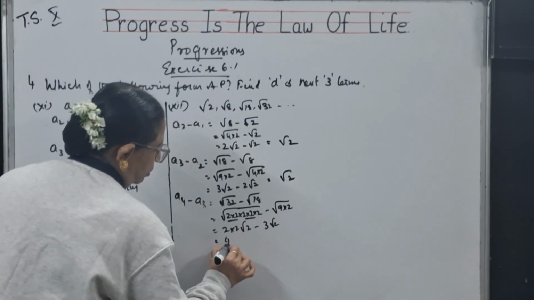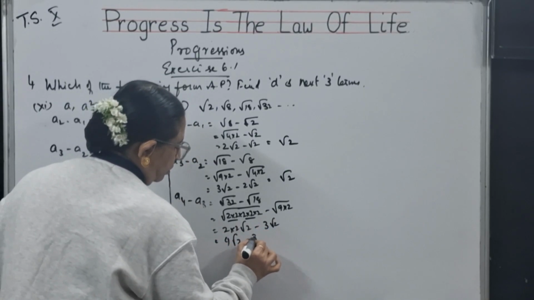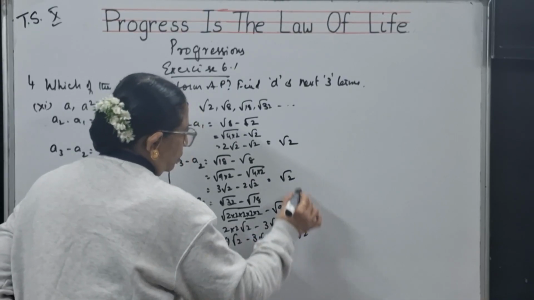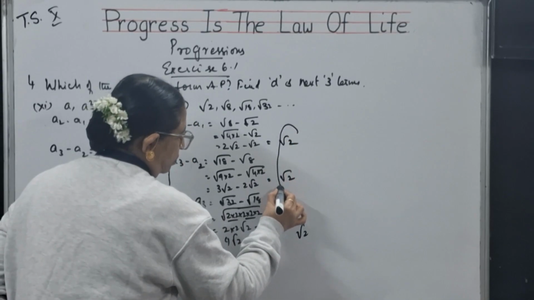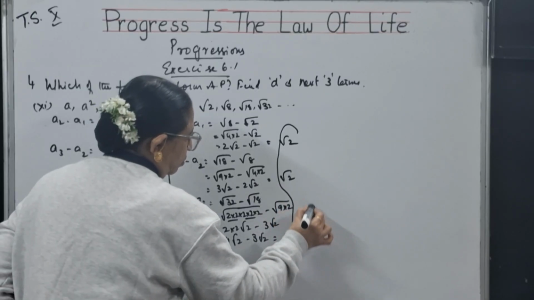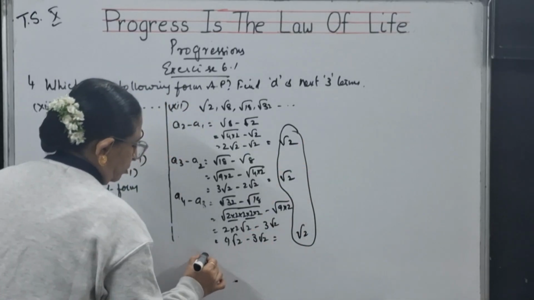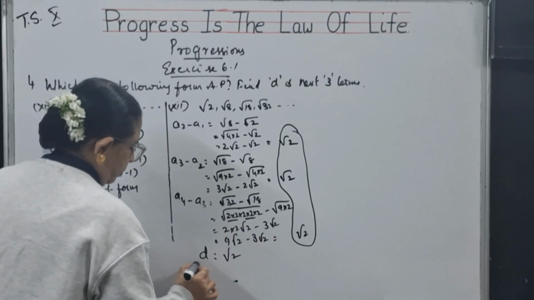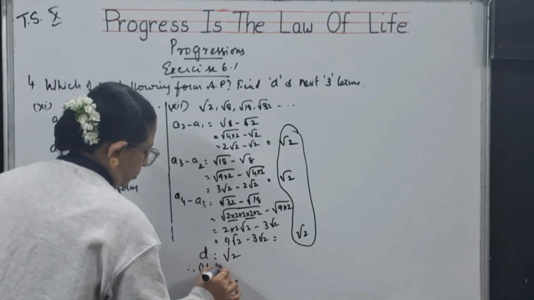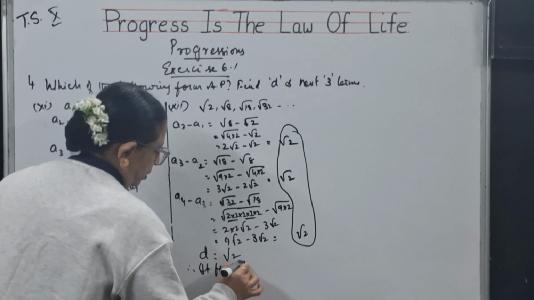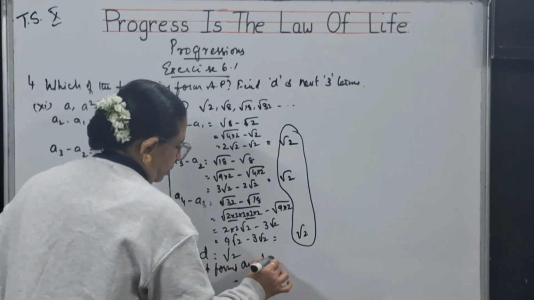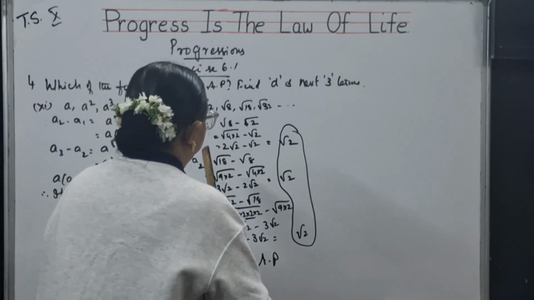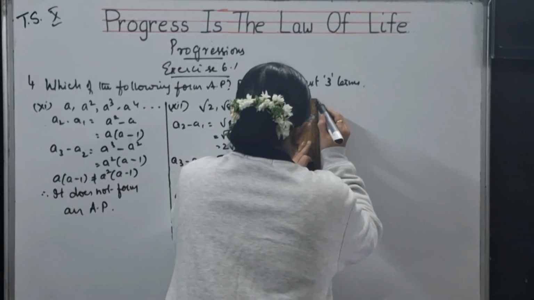The 2 into 2 is 4 root 2 minus 3 root 2, that is nothing but root 2. So see, in all the cases you have got common difference. So d is equal to root 2, therefore it forms an AP. So when it is forming an AP, you need to find out the next 3 terms.